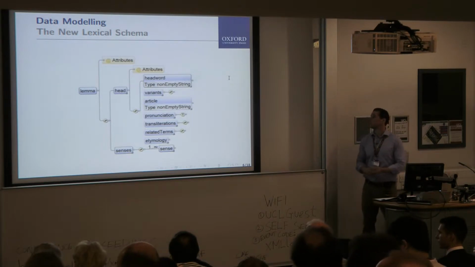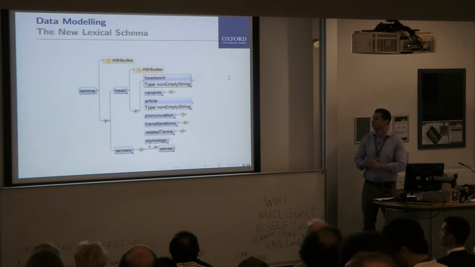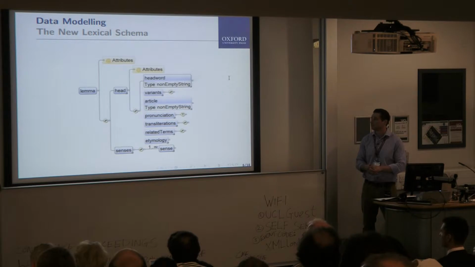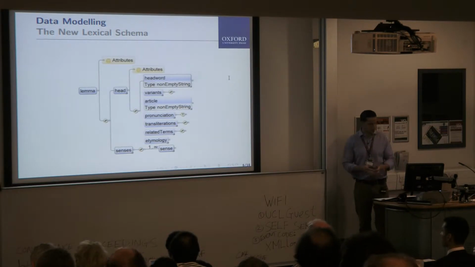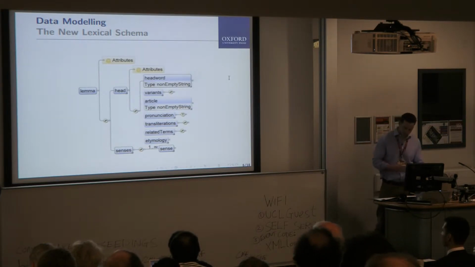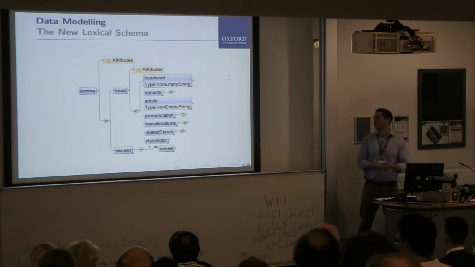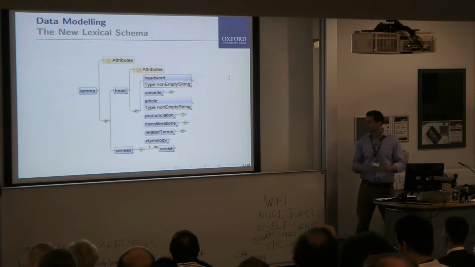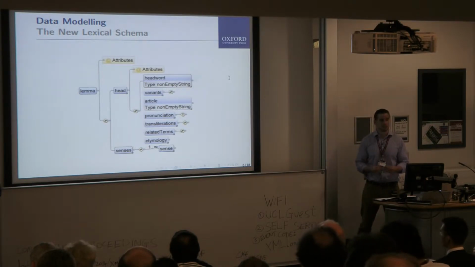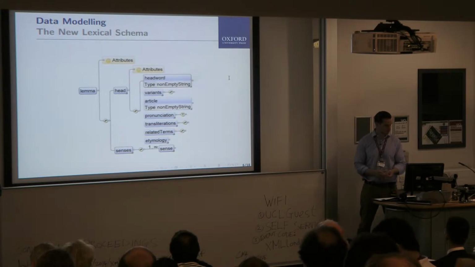So, we set to designing and came up with what we're calling the lexical schema. This is a language agnostic model. It supports monolingual, bilingual, multilingual content. It's modular, which facilitates maintenance and customization.